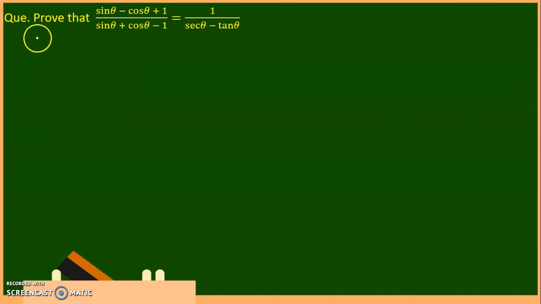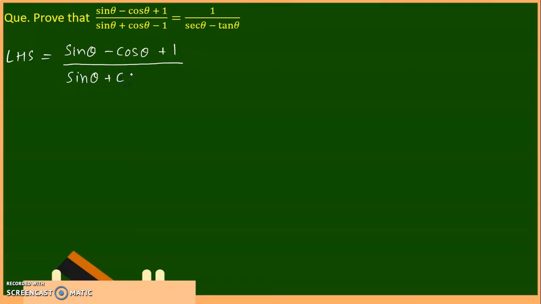So if you consider the left hand side, the equation is in the form of sin theta and cos theta, and we have to convert it into the right hand side, which is in the form of sec theta and tan theta.